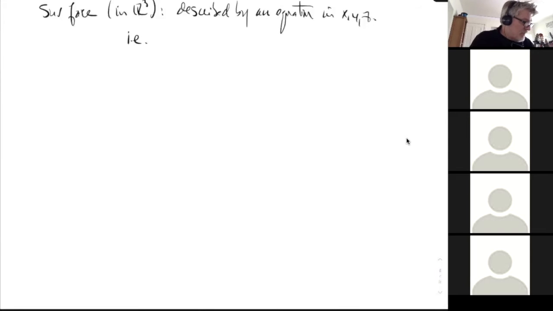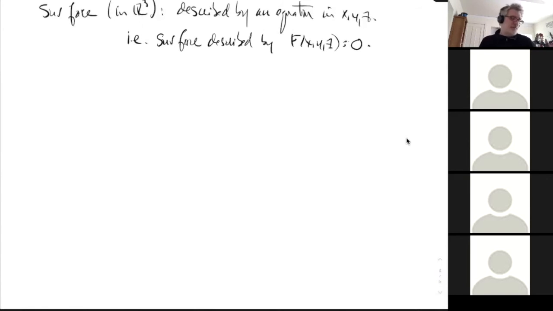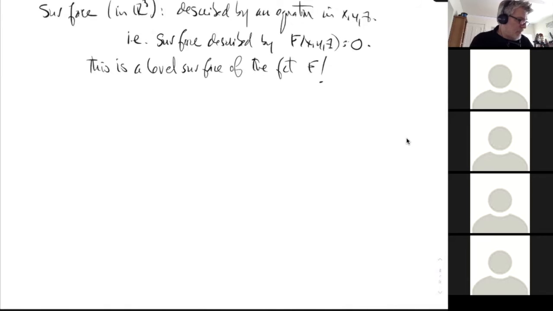So basically the surface is given by an equation of the form f of x, y, z equals to 0, right? But what is that? That's a level surface of a function. And so what we just saw applies in this case.